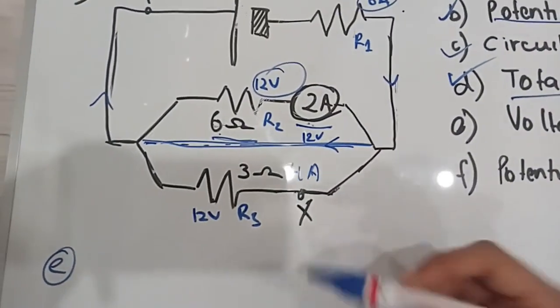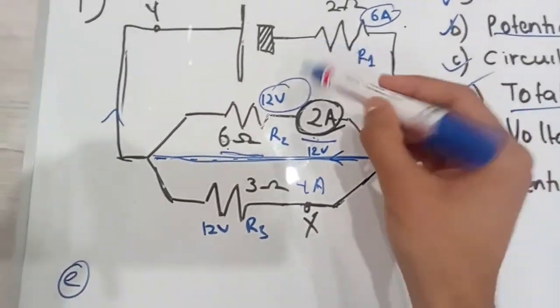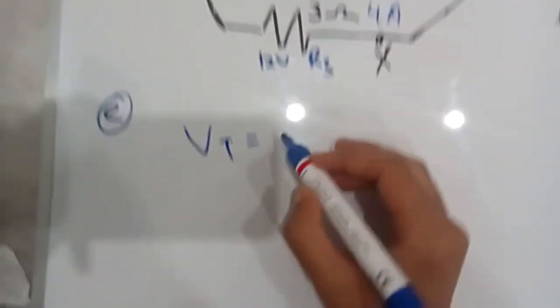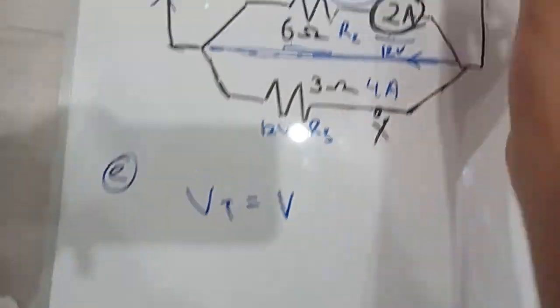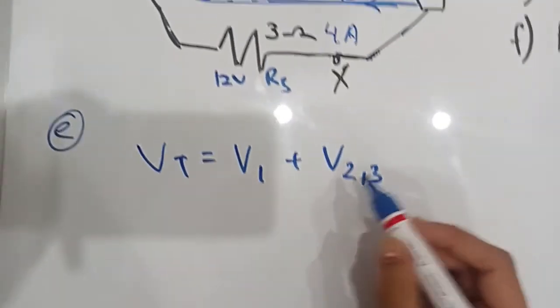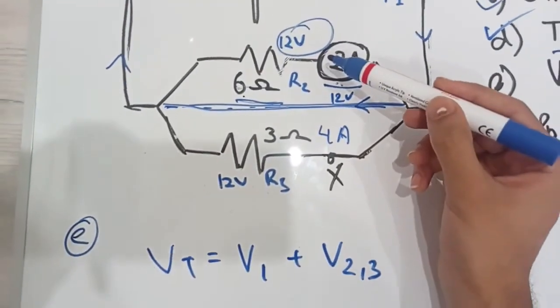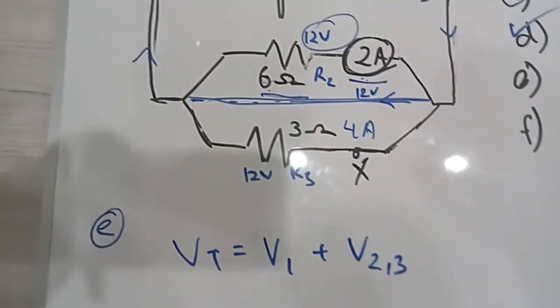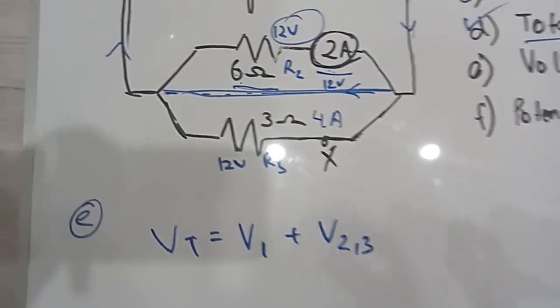So we can just imagine one resistor over here with 12 volts. But we know that voltage splits in series. And so now we have a series circuit. So the voltage total would be the voltage of 1 plus voltage of 2, 3. If we take the voltage of 2, it doesn't matter. If you take the voltage of 3, it doesn't matter. Both of them are going to be the same because voltage doesn't split in a parallel circuit.